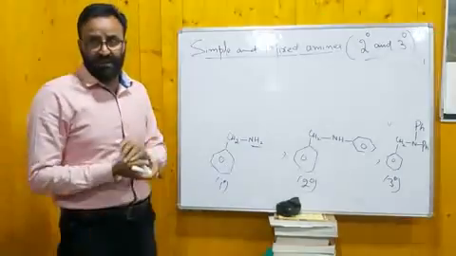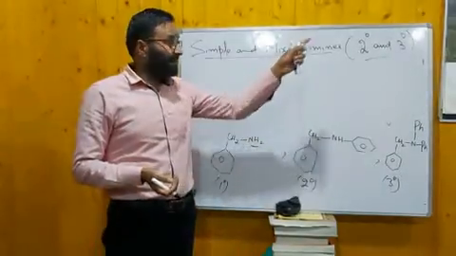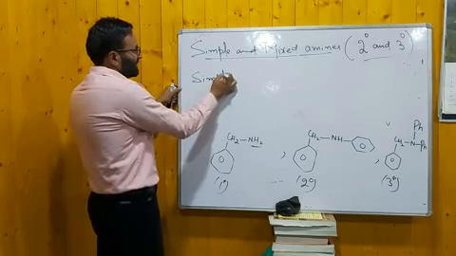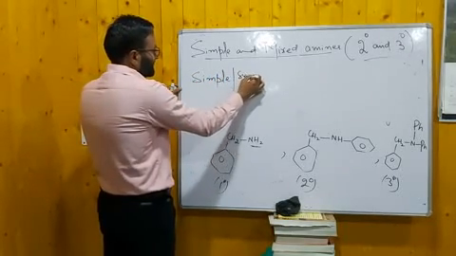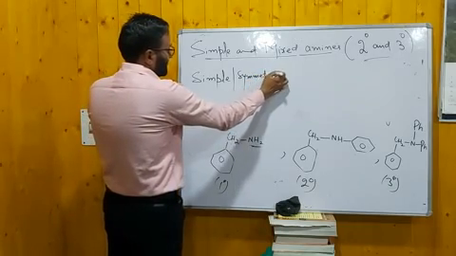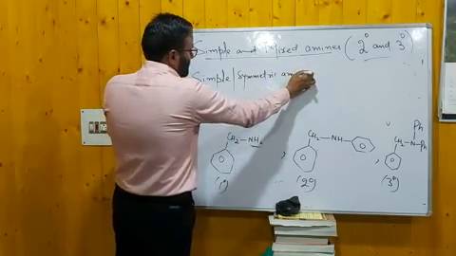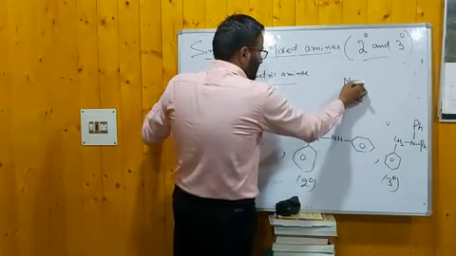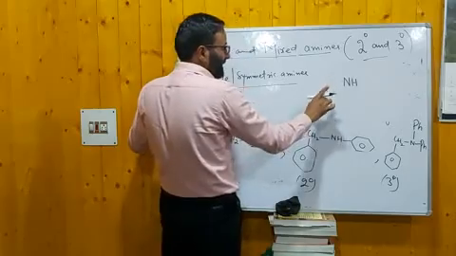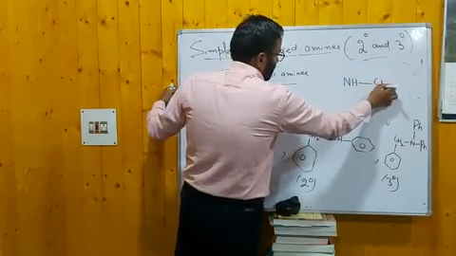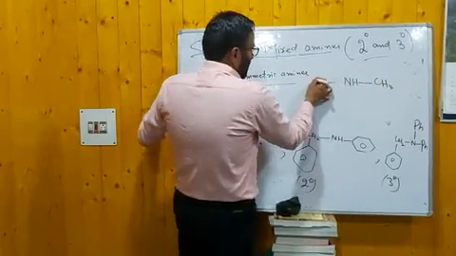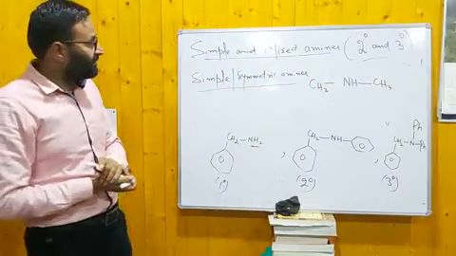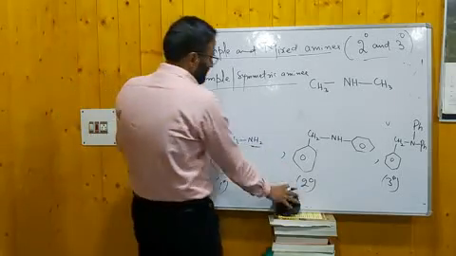What do simple amines mean? Simple, or you can say symmetric amines. Simple amine means when the nitrogen atom, secondary, it is secondary, but both the alkyl groups are similar. When both the alkyl groups are similar, at that time it is known as a simple secondary amine, a simple amine.